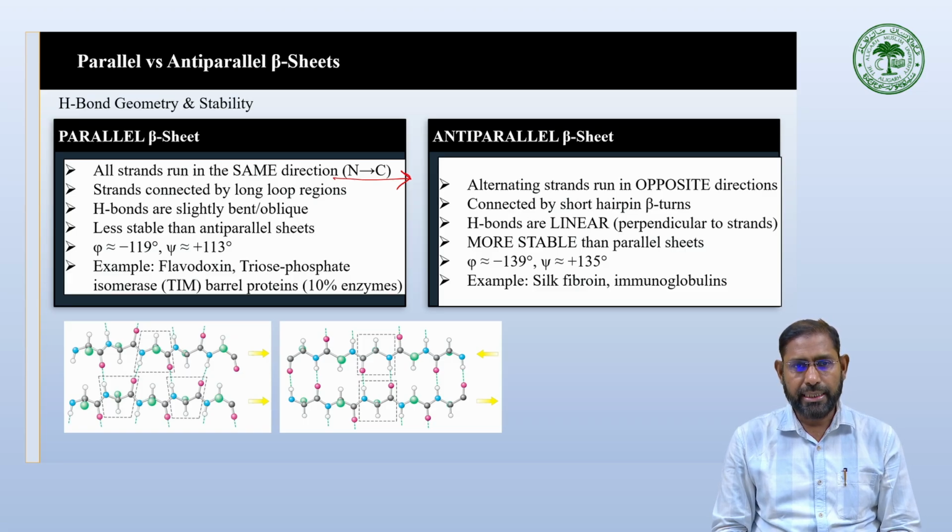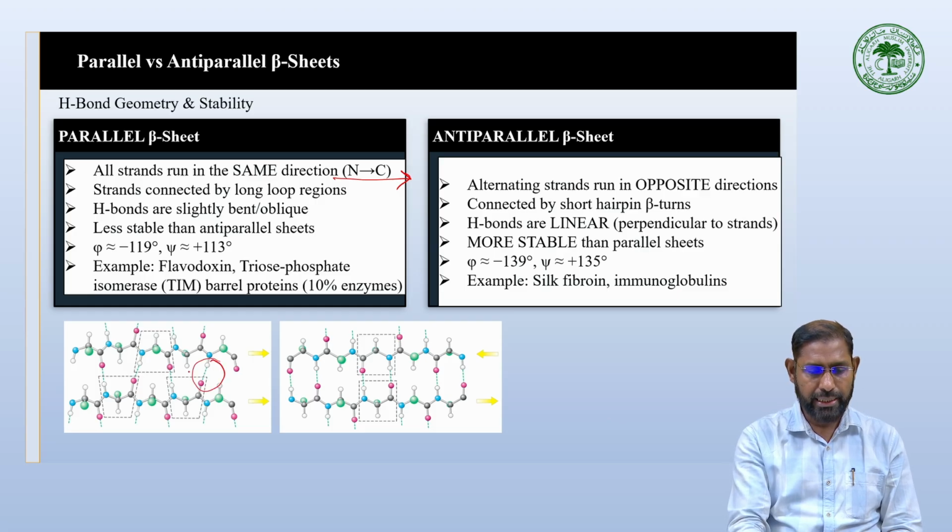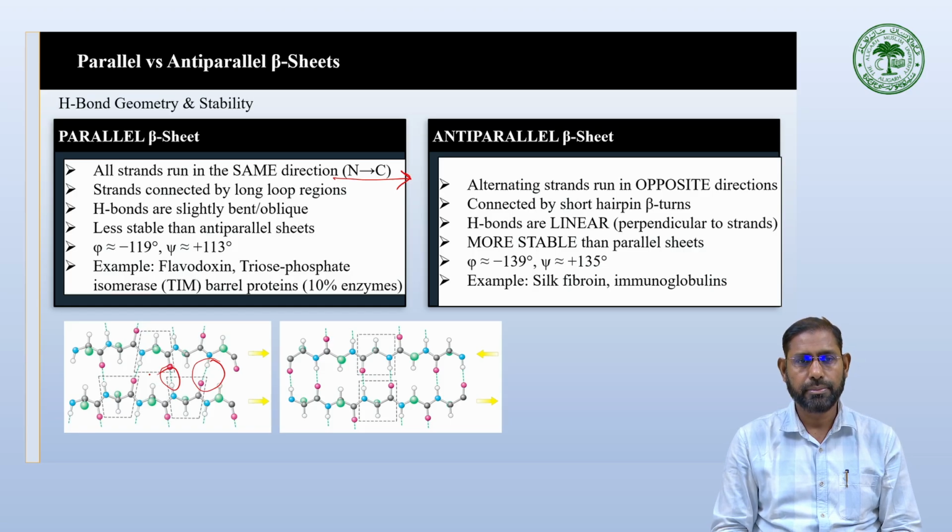Strands are connected by long loop regions, and H bonds are slightly long, slightly bent and oblique. You see, this is the oblique and bent hydrogen bond.